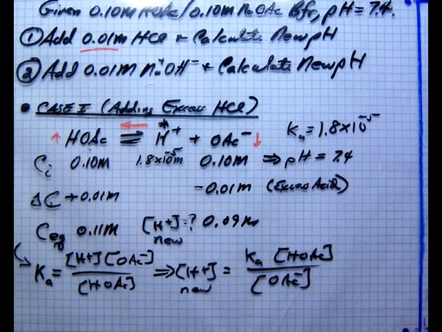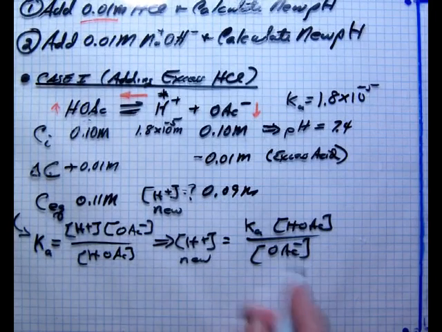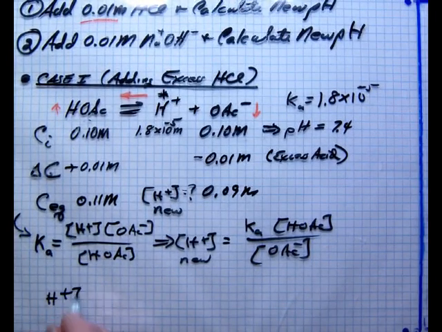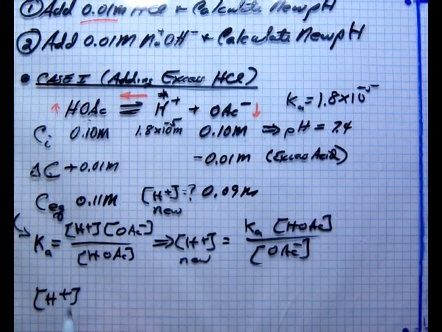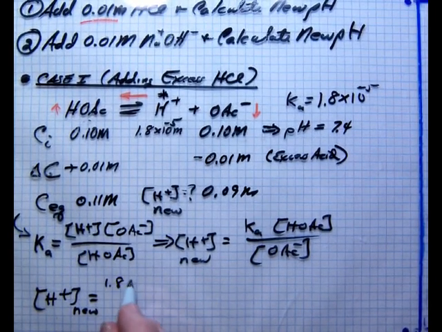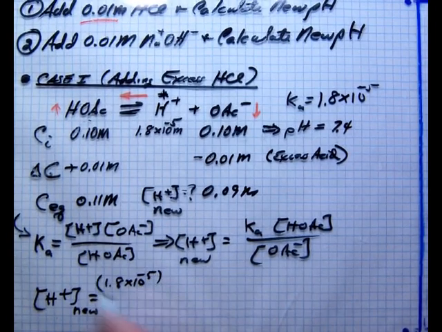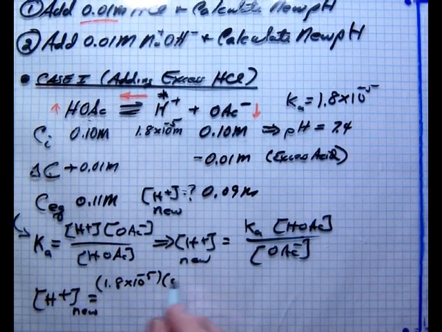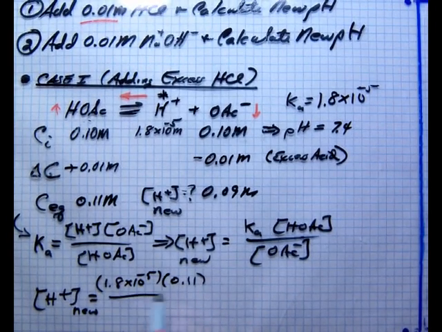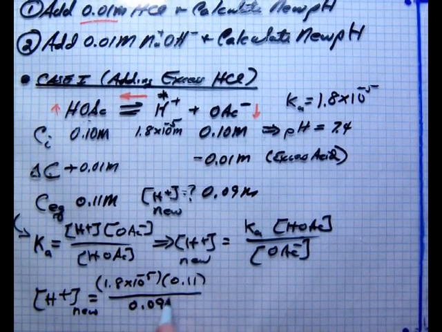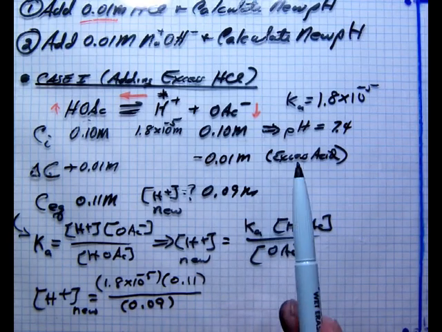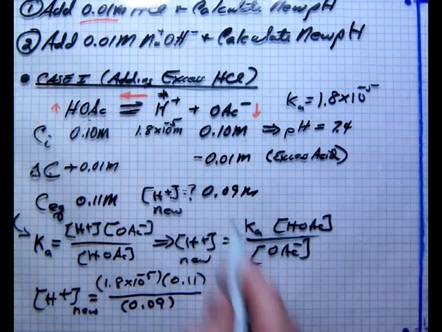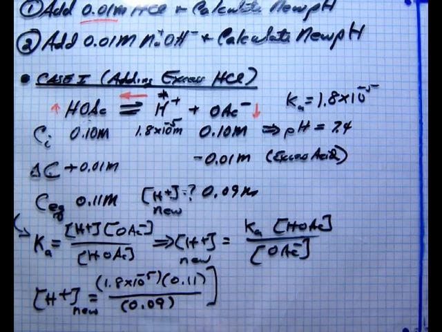like that. And so we come over here and get the new hydronium ion concentration, 1.8 times 10 to the minus 5. We have a new acetic acid concentration, which is 0.11 molar, divided by a 0.09 molar base concentration or acetate concentration.